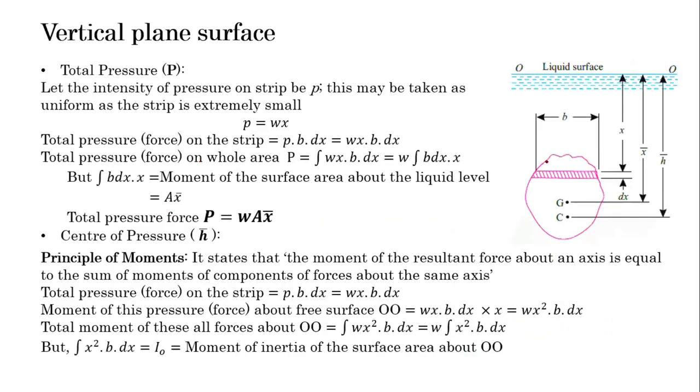Here you can see a vertical surface of arbitrary shape, at a depth x from the free surface of liquid, OO. For calculating the total pressure force acting on this surface, let's consider a very small strip of vertical height dx and width b, with depth x from the free surface of liquid.